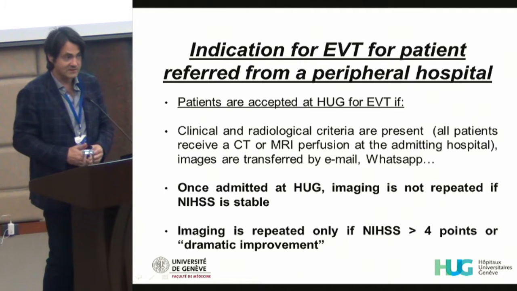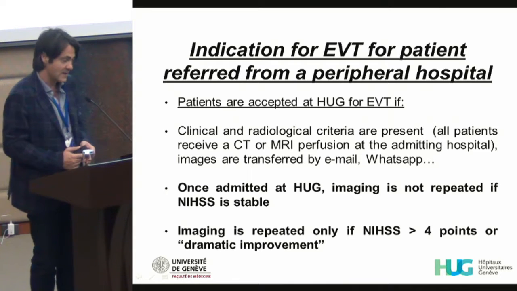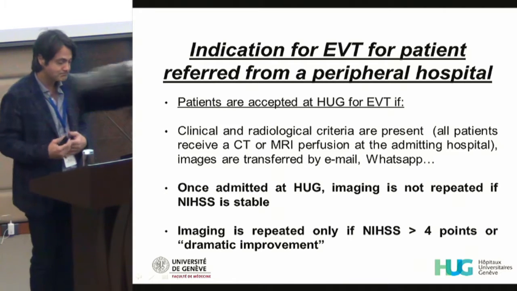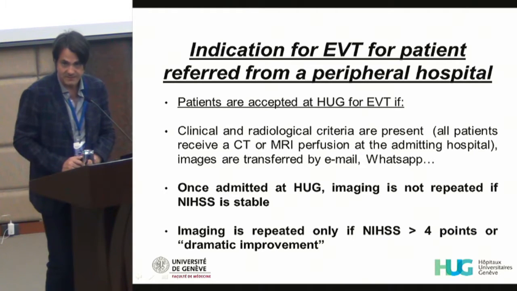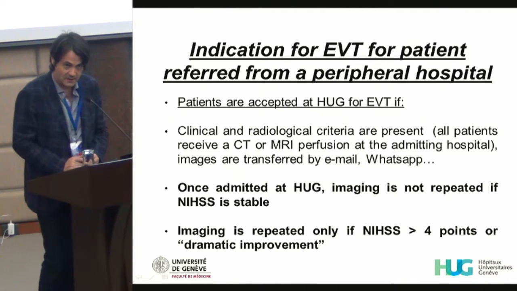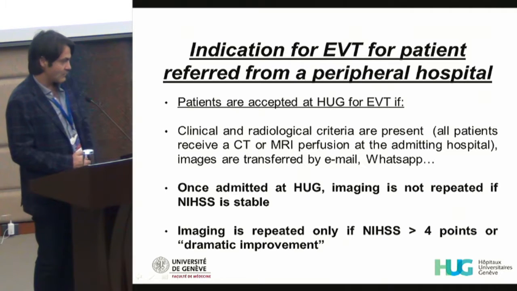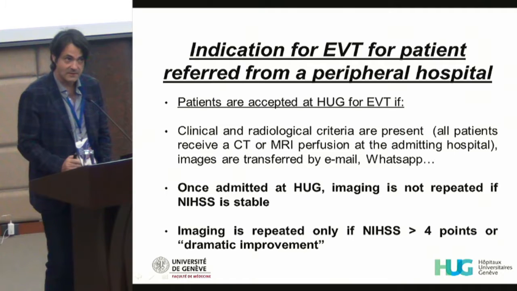So we don't want to waste time and we go straight for thrombectomy in the angiosuite. This pattern is very rapid, and we have timing of between 4 and 14 minutes to get the patient from the entrance of our hospital to the angiosuite. Of course, this is for patients with no change in their clinical status.